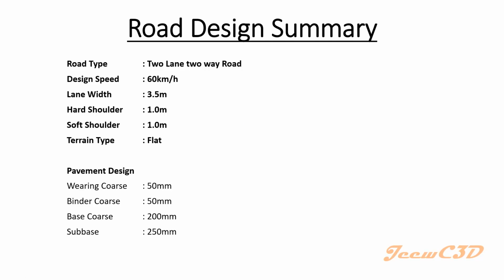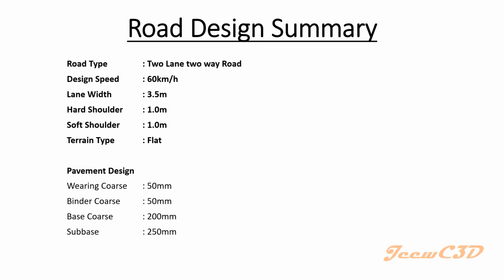And I assume that you have to do this like a local RDA road, a two-lane, two-way road. So you have to use RDA design guidelines. You have to follow RDA design guidelines to create this road. When creating the road, you are given a pavement design thickness.